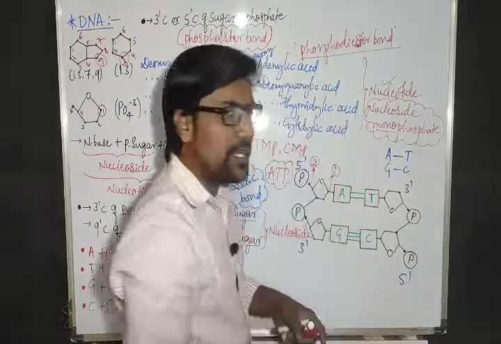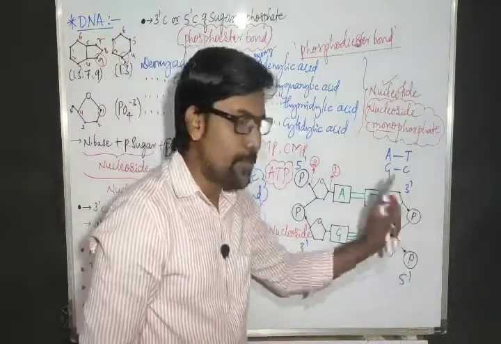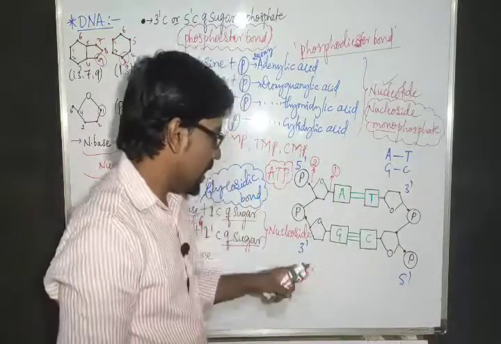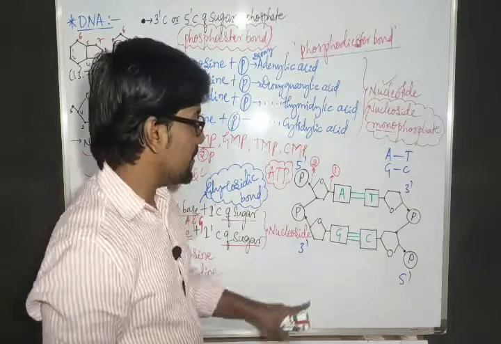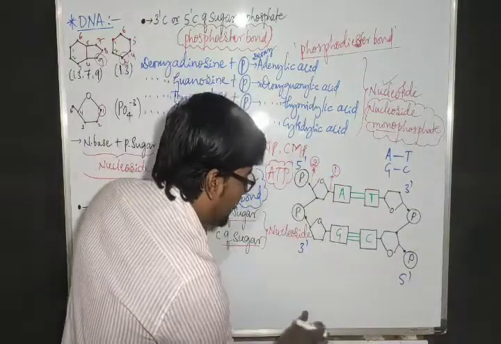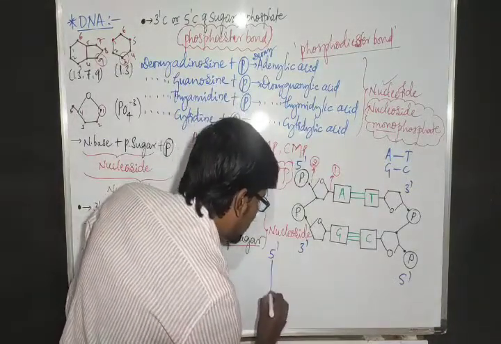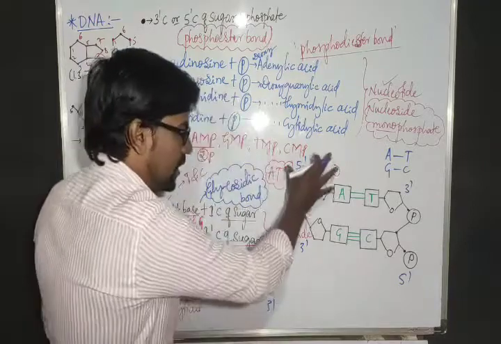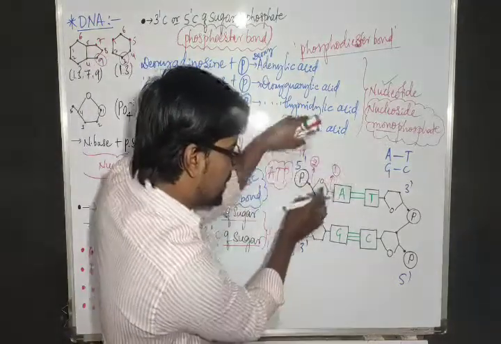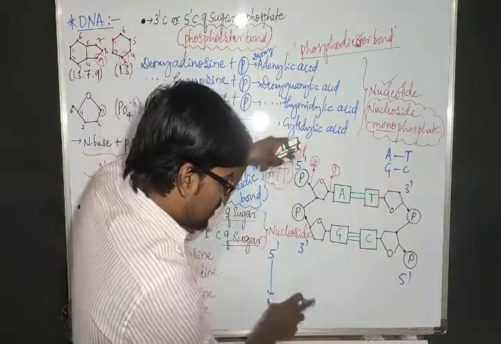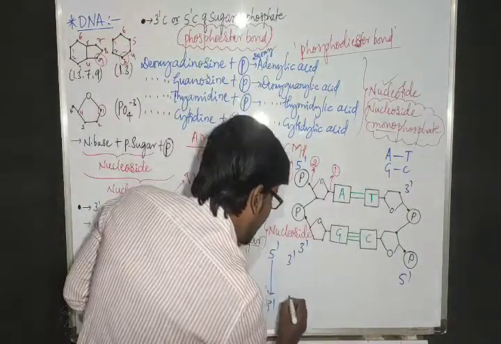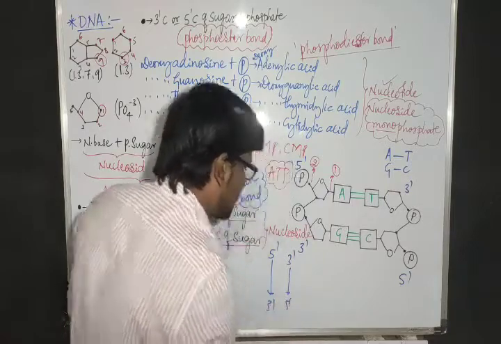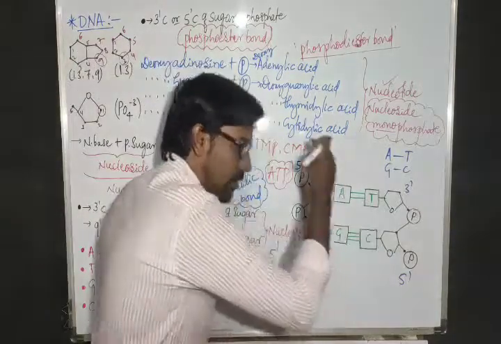Here the fifth carbon is outside. To the fifth carbon, phosphate is attached. Here the third carbon is free. That means this side we get 5 prime to 3 prime. If you write many base pairs like this, one side is 5 prime, the downside 3 prime, and that side 3 prime to 5 prime.